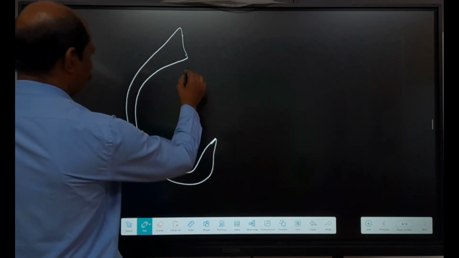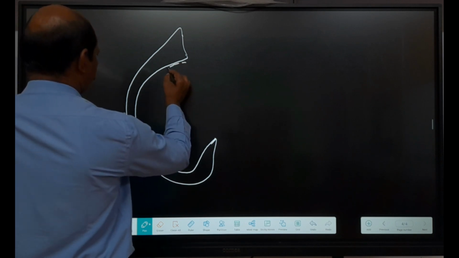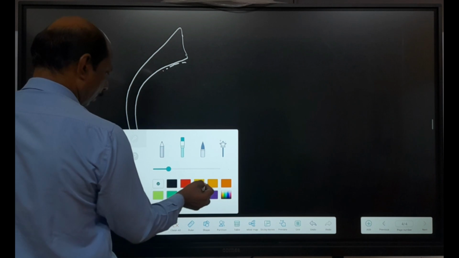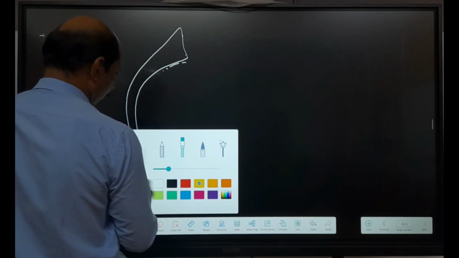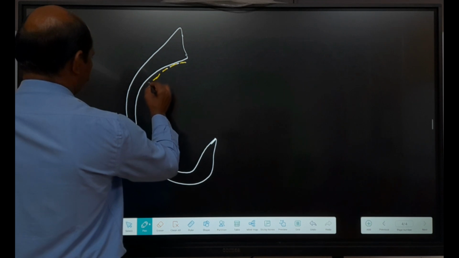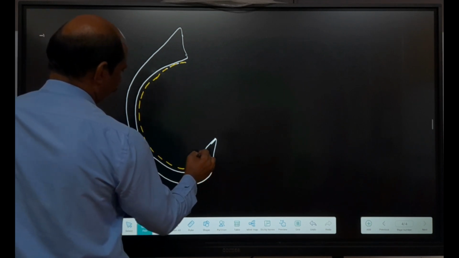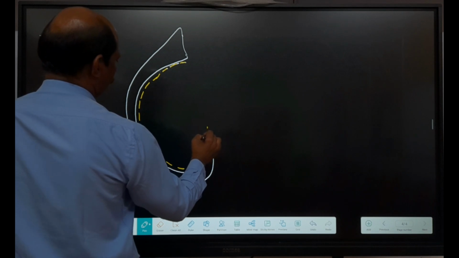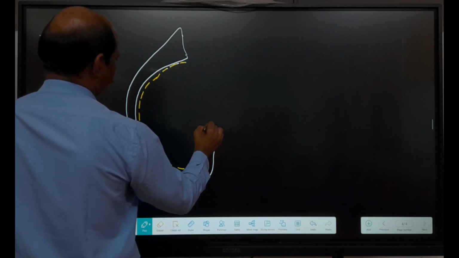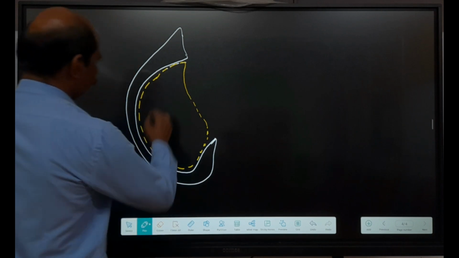Right? Then we have a second layer in a different color, so that you can understand easily. This is the second layer, and this is our tunica albuginea.